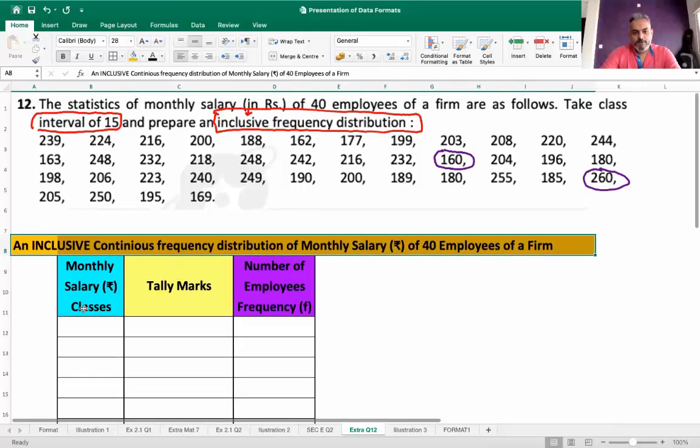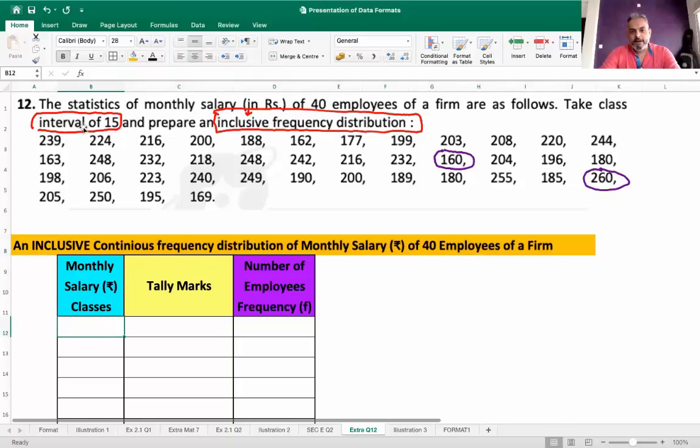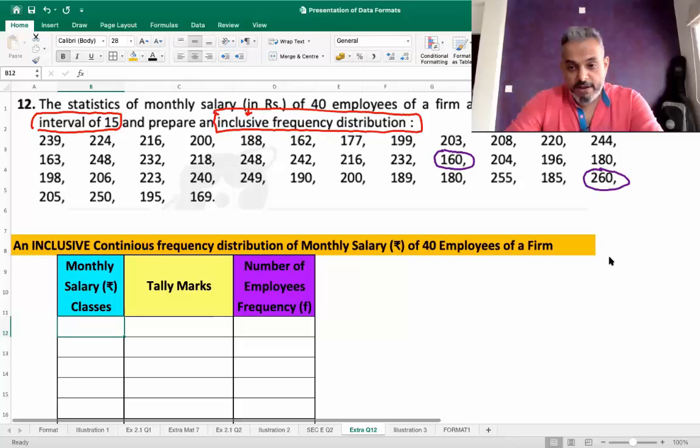Now classes. We have to take classes with the interval of 15, but they have to be inclusive. So be careful. Now over here, first class should include 160.